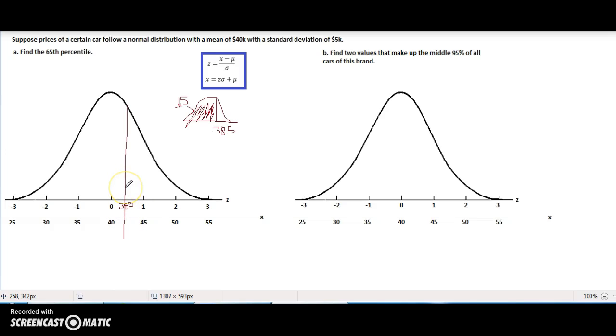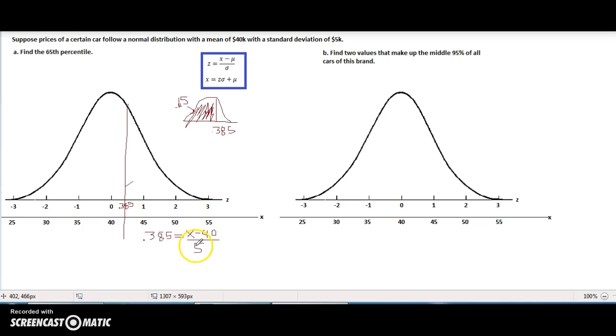So now we have the z, and we want to convert it to x using one of the two formulas. I'm going to start with the first one. So we have z is 0.385 equals x minus mu, which is our mean, 40, over sigma, our standard deviation, 5.